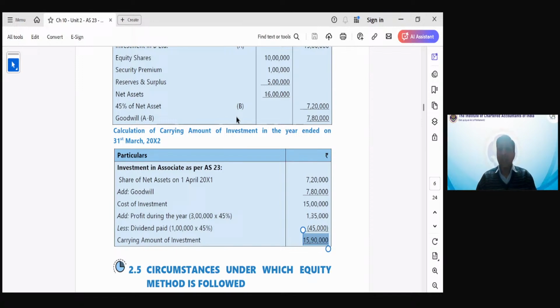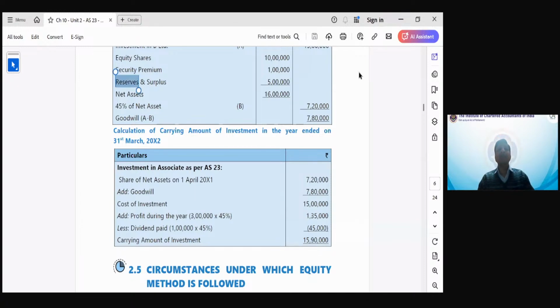Yes. Because any increase in profit will increase the net assets. But if you pay out something, then automatically your net assets will go down. Yes or no? So clear on this? Everyone clear as to how this accounting will be done.